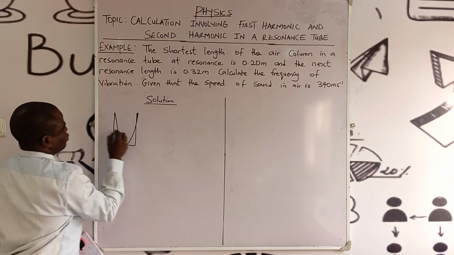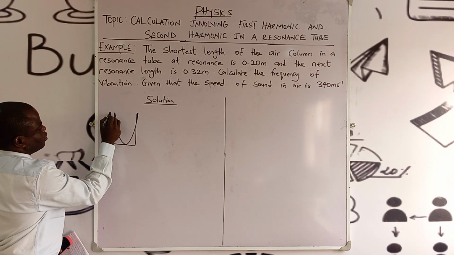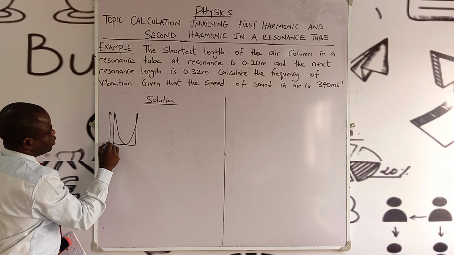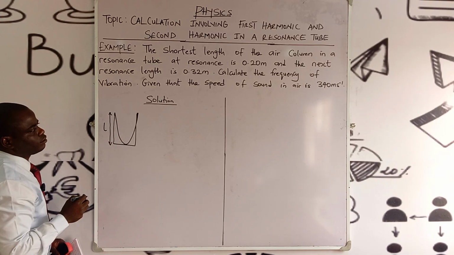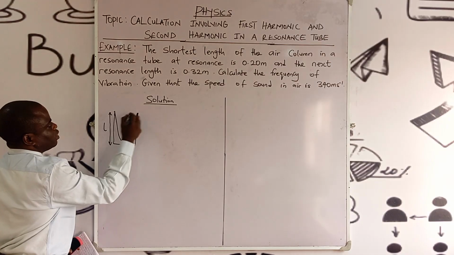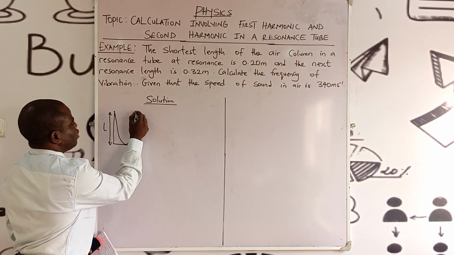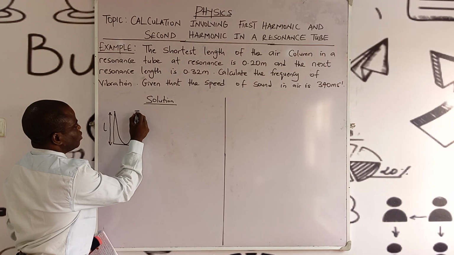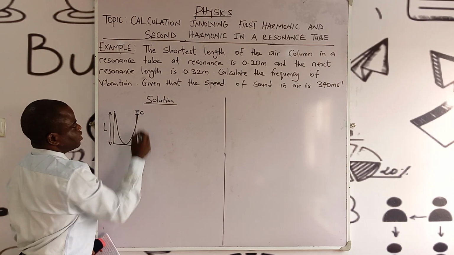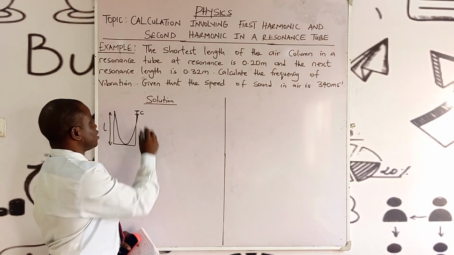Here is the length, and at the upper part of the tube you have what we call end correction, which is very, very insignificant.